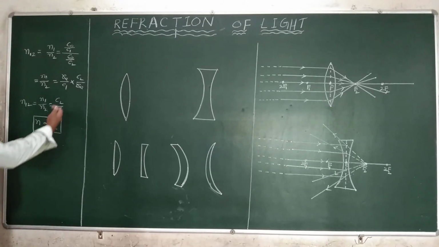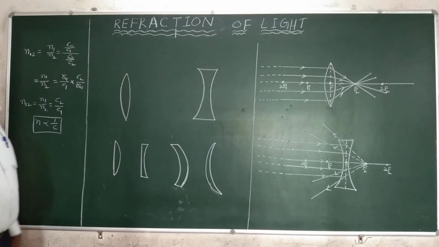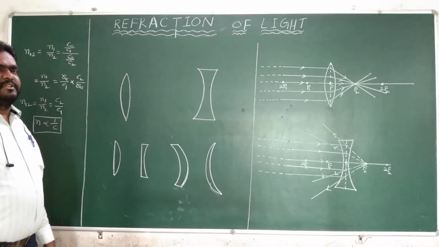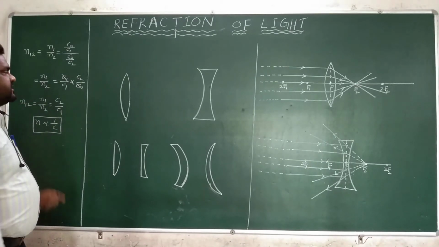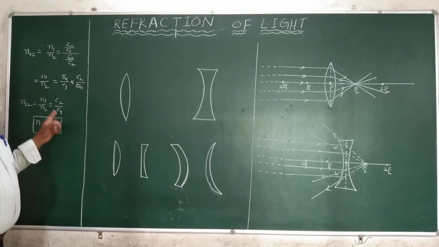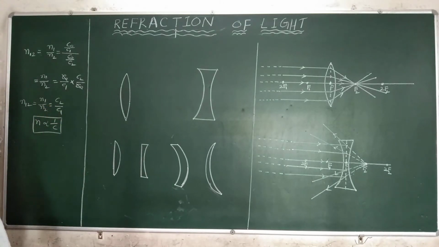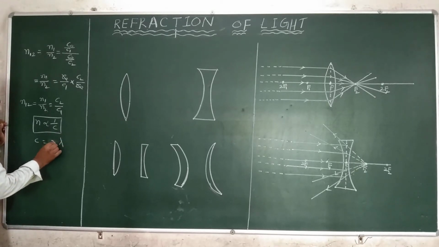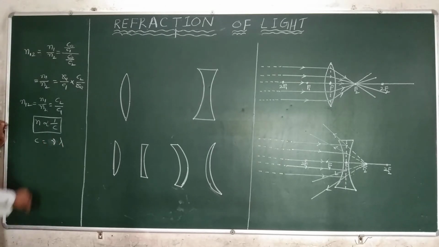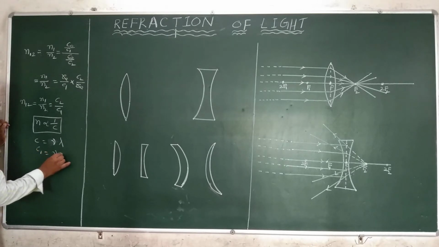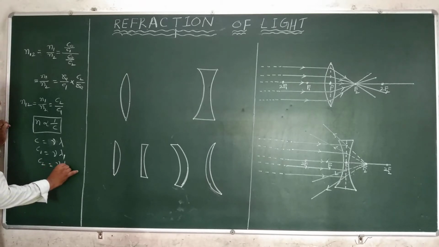And we know that due to refraction, the frequency remains constant, the speed of light changes and the wavelength also changes. So the speed of light c equals nu lambda, where nu is the frequency. The frequency remains constant. For the first medium, c1 equals nu into lambda1, and c2 equals nu into lambda2.